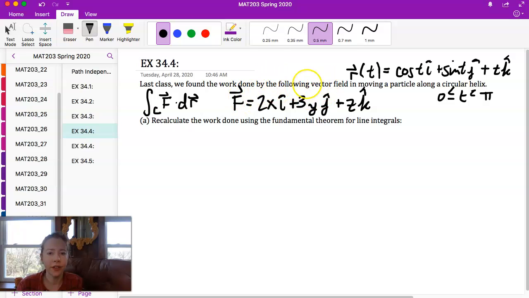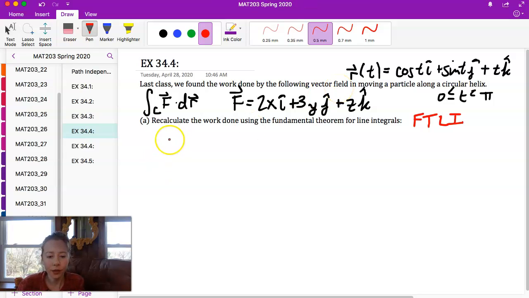So this is our vector field F. We want to recalculate the work done using the fundamental theorem for line integrals. And for the rest of this lecture, I'm going to call the fundamental theorem for line integrals FTLI, because that is a really long name.